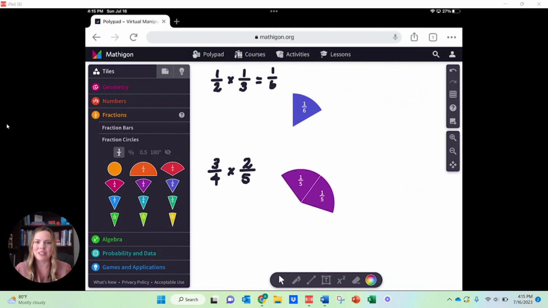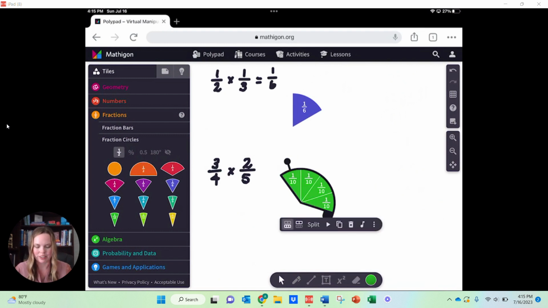Right now this is cut into 2. I need it cut into 4 because I need to take 3 of the 4 pieces. So I'm going to start renaming, and I'm already there. I only had to rename once, and I've got that original 2/5 cut into 4 pieces.